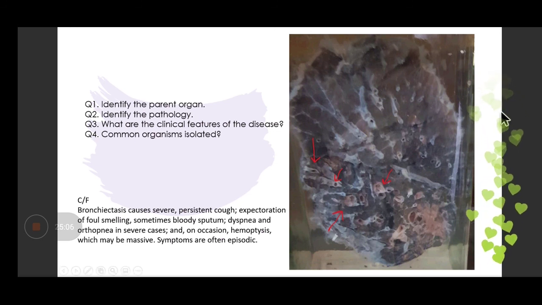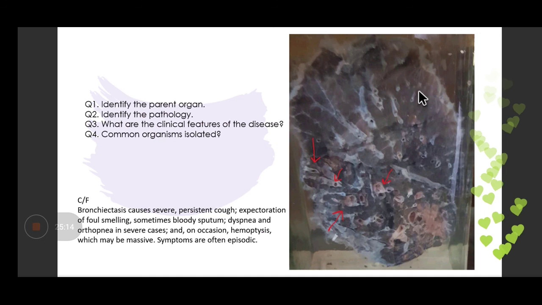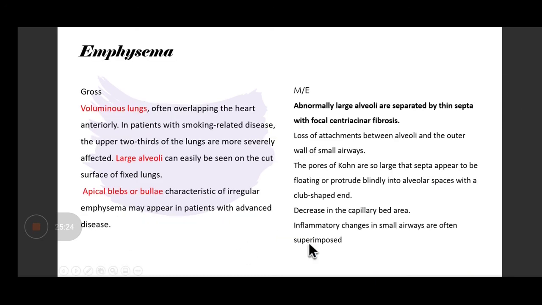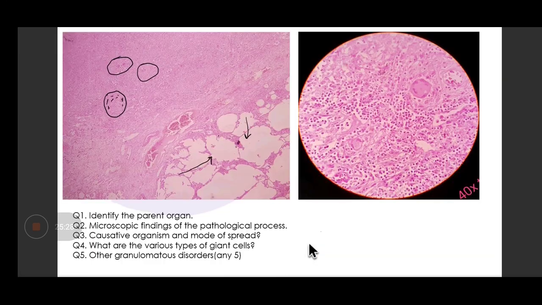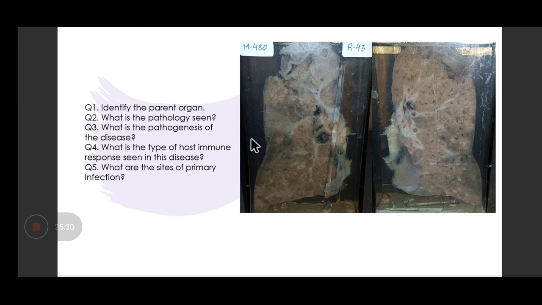This is how you'll make out that this is bronchiectasis. And this is miliary TB again. This is miliary TB. Okay.